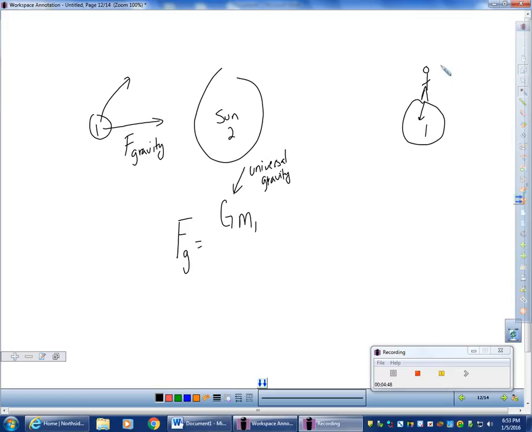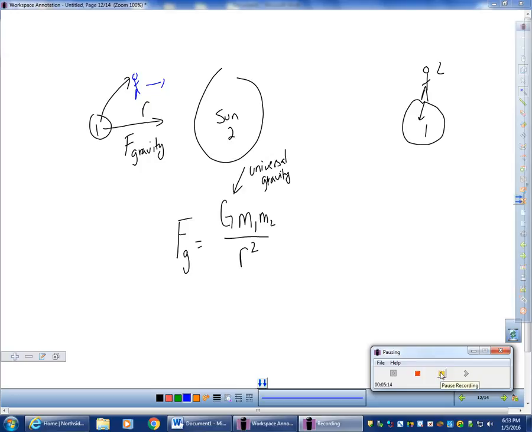So I have my two masses for the two objects that are being pulled into each other, divided by the radius, or the distance between them. So how much space between the Earth and the sun, between me and the Earth. Because I'm a lot closer to the Earth, I'm pulled towards the Earth. I'm not being pulled off into outer space and into the sun. That would just be weird.